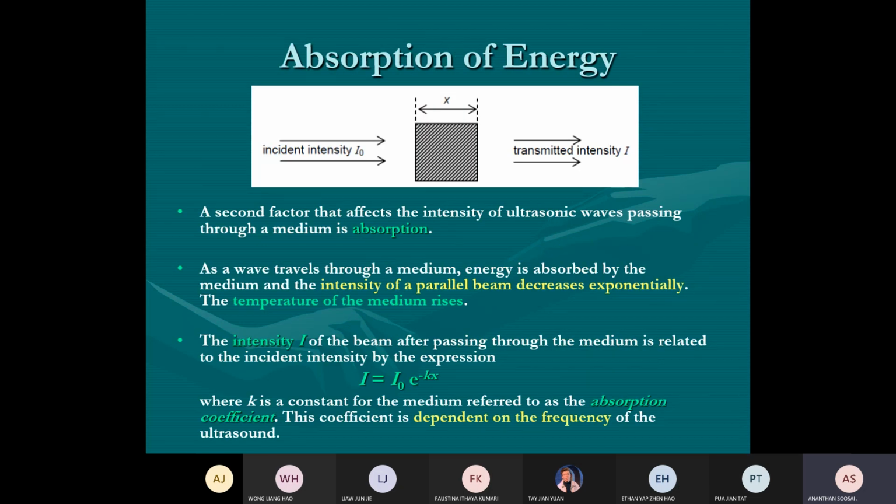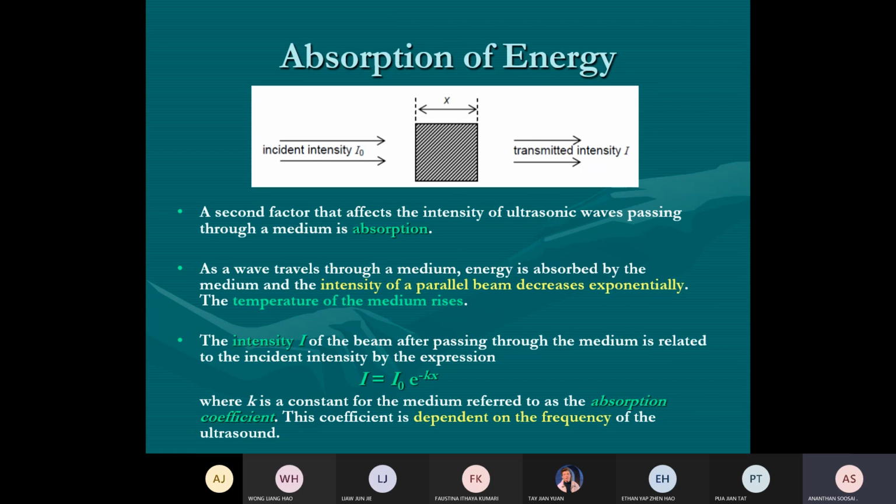Then we say absorption happens halfway, and it never contributes to the imaging. So the absorption depends on how thick the tissue is, and the K value. K is called the absorption coefficient. It depends on the frequency of the ultrasound sent. The higher the frequency of the ultrasound, the greater the K. Greater K means what?